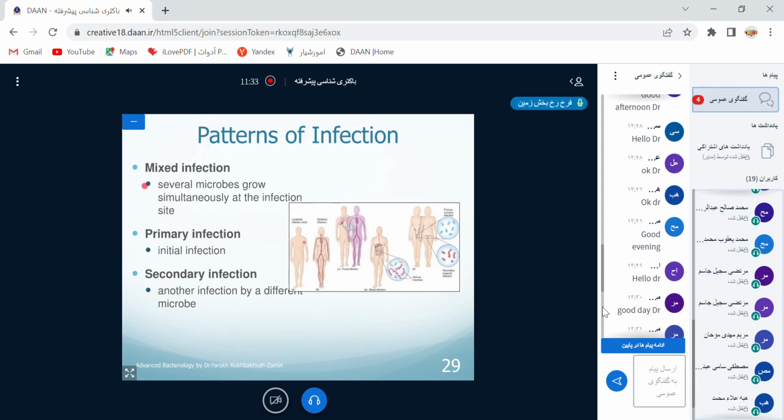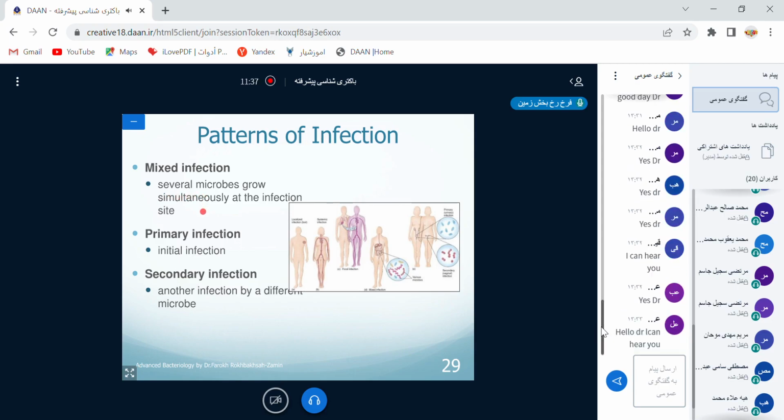So we said that in mixed infection, several microbes grow simultaneously at the infection site. For example, when a person goes to the fire or is burned, skin is a port of entry for many microbes in the hospital, and mostly there are mixed infections.